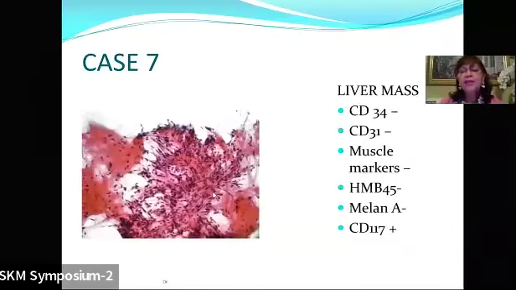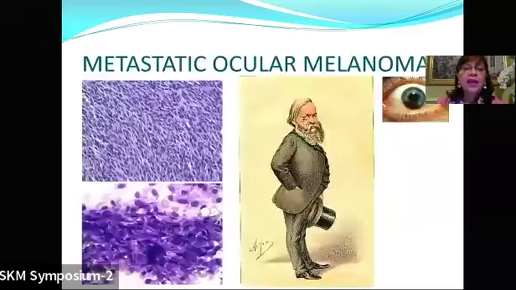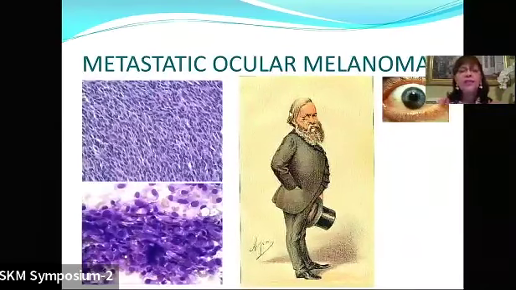So based on that, I said, well, I think it might be a metastatic GI stromal tumor. Can you check the patient out for a GIST? And then at tumor board, they said this patient has a remote history of ocular melanoma. Could this be metastatic melanoma?